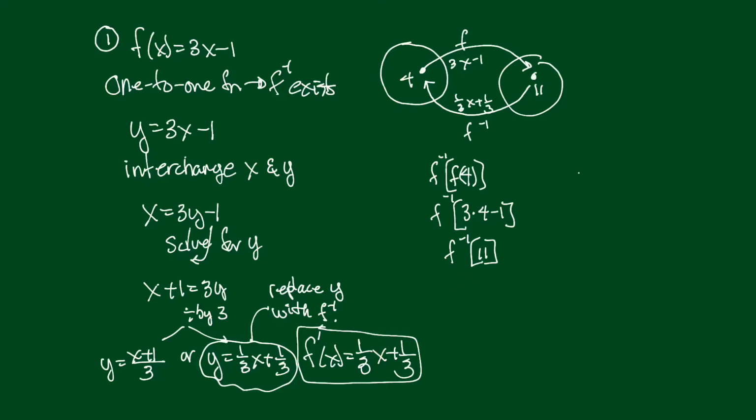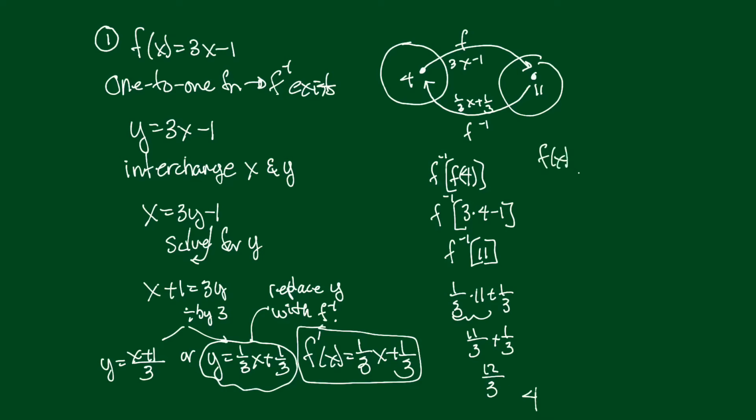So this becomes 1/3 of 11 plus 1/3. Now 1/3 of 11 is just 11/3 plus 1/3. Well, 11/3 and 1/3, that's 12/3, which is 4. All right, so it works. So apparently we have the function itself and the proper inverse.